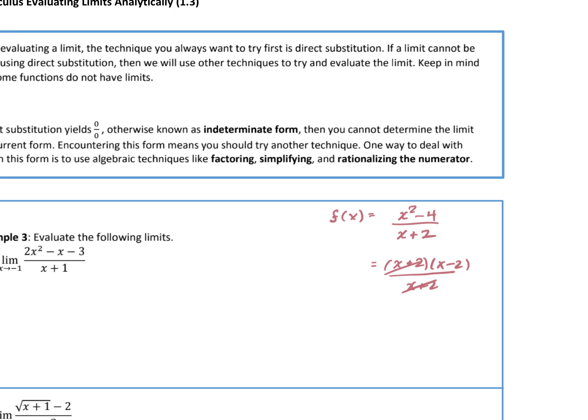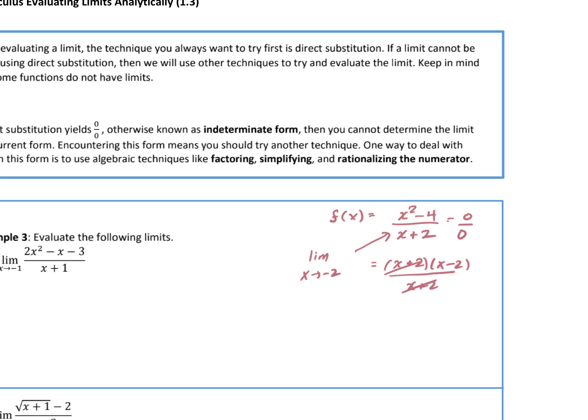But if we did this as a limit to start with, limit as x goes to -2, if you plug the -2 into this, you're going to get 0 over 0. So when you get 0 over 0, most of the time, you can do something.